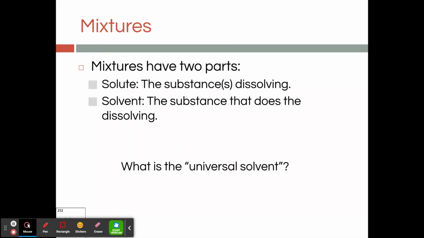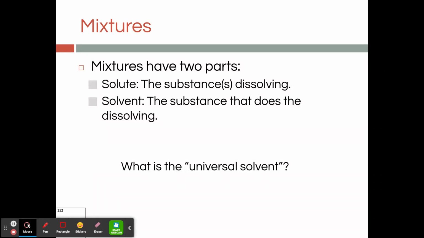So mixtures are going to have two different parts. Mixtures will generally have a solute and a solvent. Solute is going to be the substance that is dissolving. The solvent is what performs the dissolving. So if I have a glass of sugar water, sugar would be my solute and water would be my solvent.